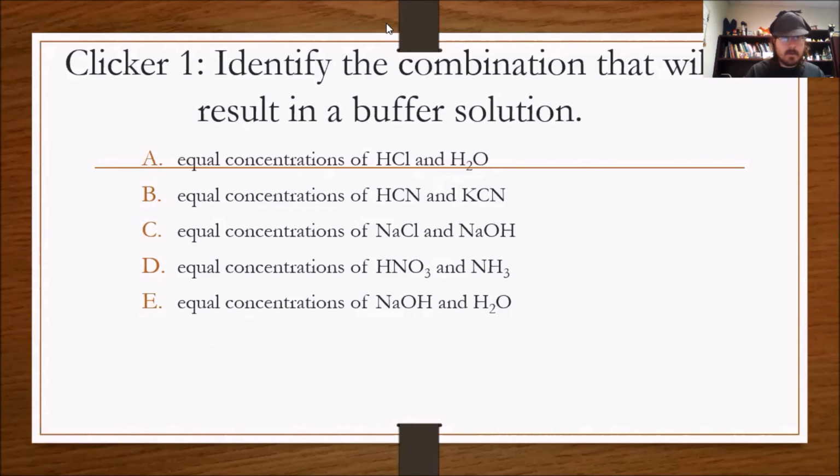And we're stopped. Okay, so for a buffer, you need a weak acid and its conjugate base. HCN is not a strong acid. It's the only non-strong acid. So there's strong acid in water. No, not the right mix. This guy is a salt with sodium.